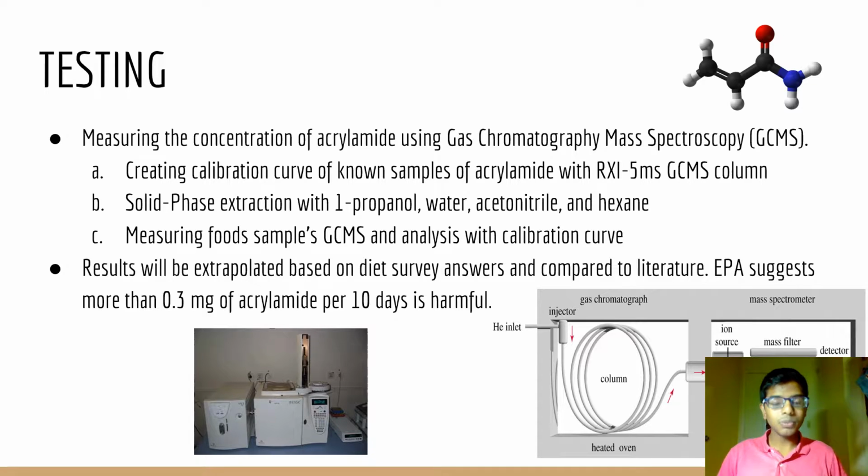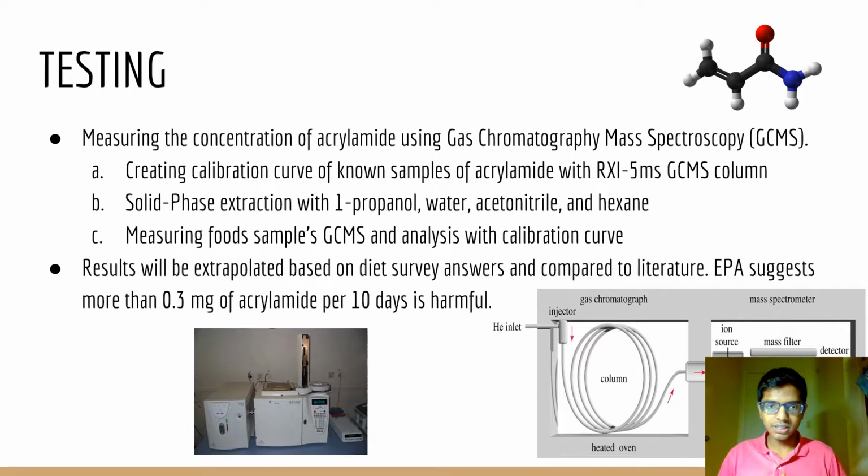So to do this, we first began by creating a calibration curve of known samples of acrylamide, which was purchased at Sigma Aldrich, with an RXI 5ms gas chromatography mass spectrometry column. The RXI 5ms column is nonpolar and has the best results of separating acrylamide from all the other impurities in a mixture.